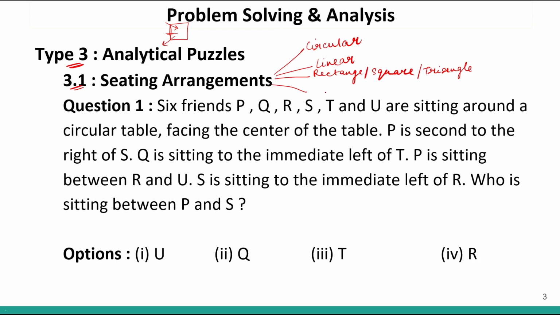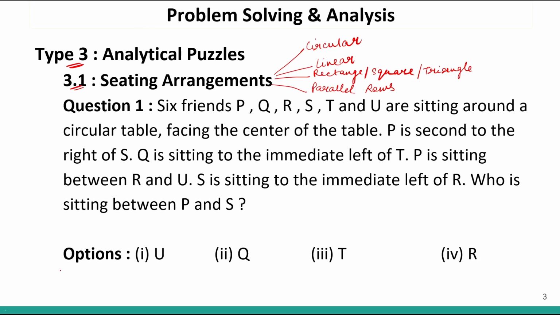Then I also told you that there is the 4th kind, that is parallel rows. Don't worry, we will have separate chapters for this as well to discuss everything. So parallel rows means that there are 2 rows of people sitting. They can be facing each other, or they can be facing the same direction, or they can be facing opposite directions as well. So 3 cases are possible in parallel rows. So these are the types of questions that can come in your seating arrangement.